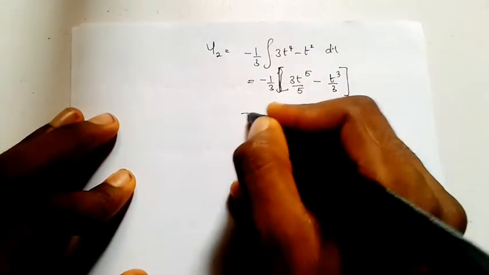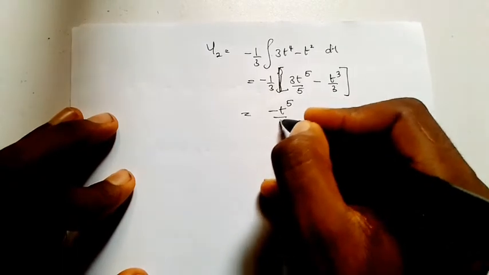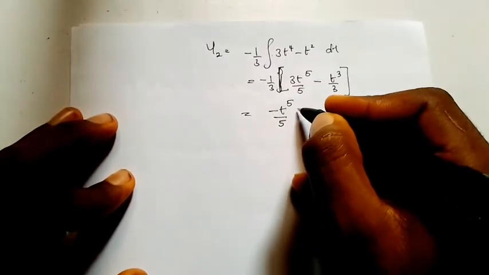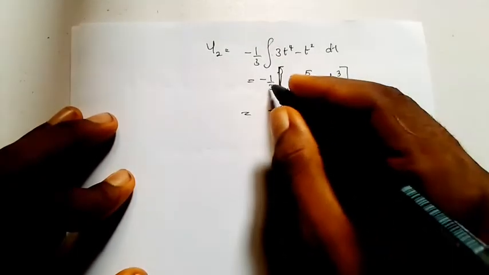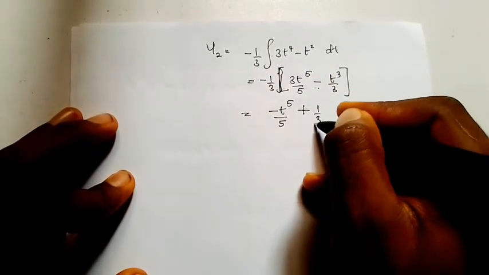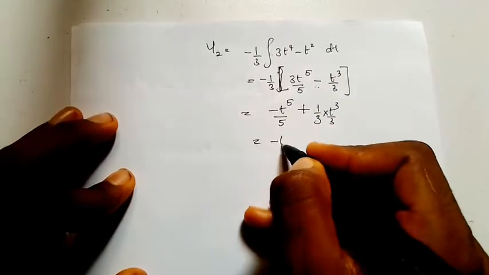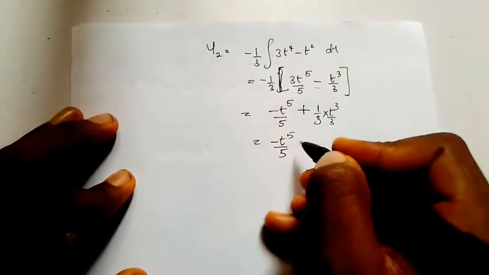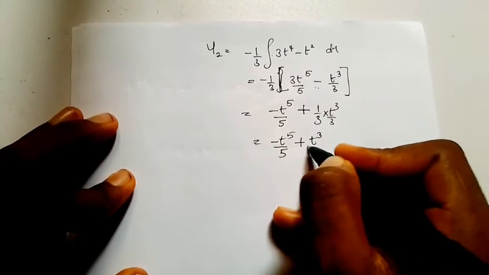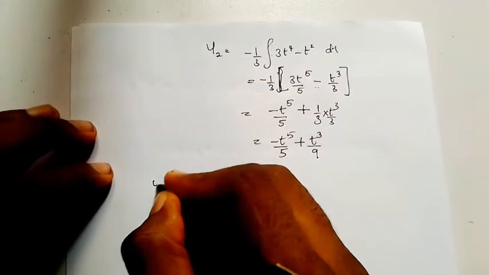So multiplying through by minus 1 over 3, we have minus t raised to power 5 divided by 5, right? Minus times minus is plus, so plus 1 over 3 times t raised to power 3 divided by 3. So we have minus t raised to power 5 divided by 5 plus t raised to power 3 divided by 9.